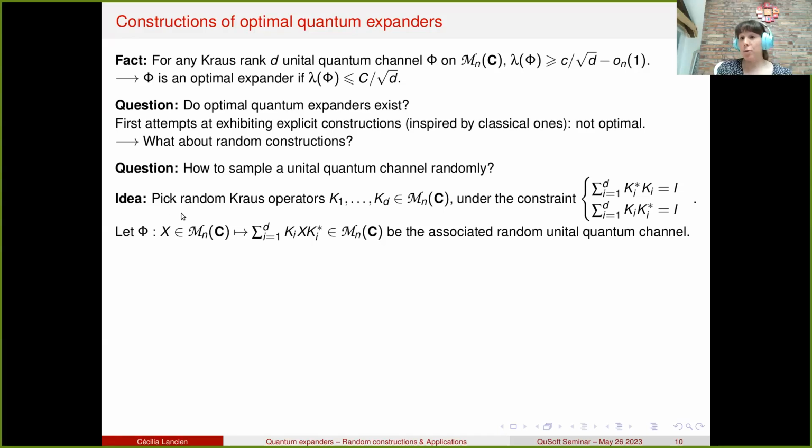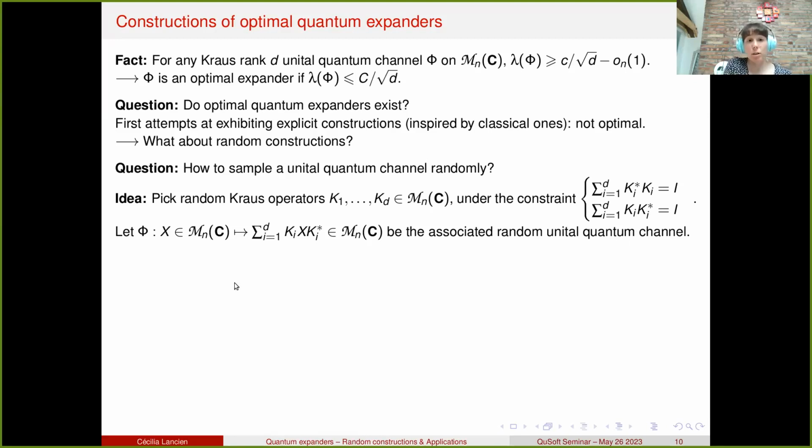An idea for a much simpler model of a random quantum channel would be to pick the Kraus operators k1 to kd at random, under the two normalization constraints: that the sum over i of the ki star ki is equal to the identity, so that the corresponding CP map is trace preserving, and the dual one, the sum over i of the ki star is equal to the identity, so that the CP map is unital.